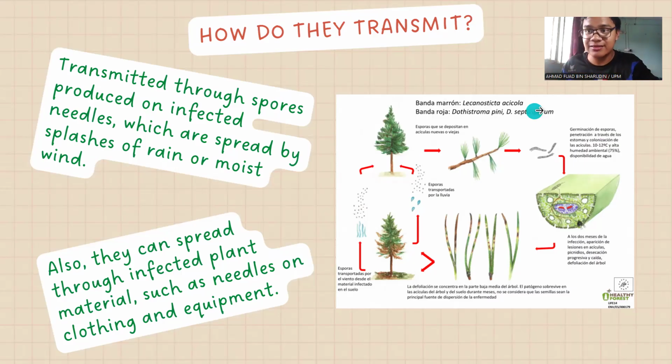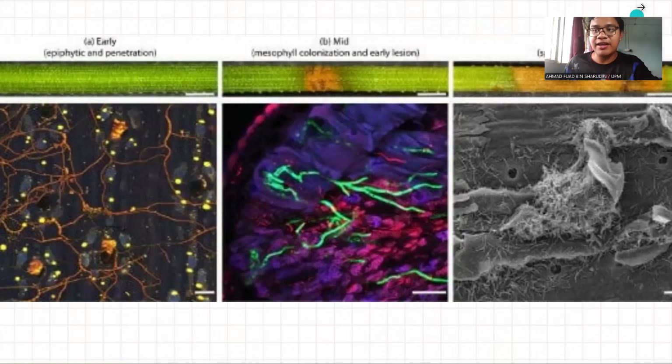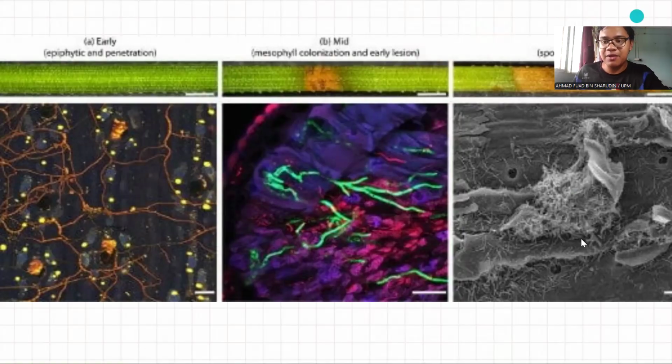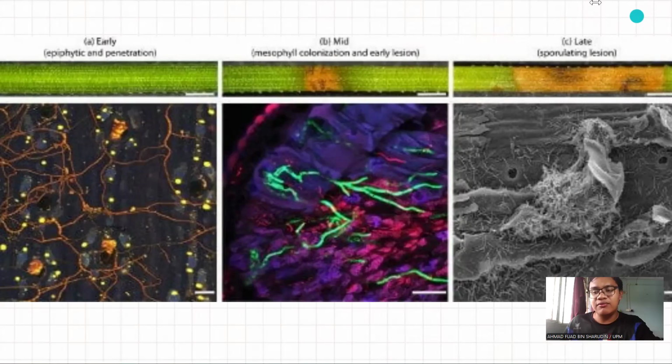Now these infected needles on clothing can sometimes attach themselves to new trees, where that tree itself will be infected later on. These are the three defining stages of the fungus itself. The first one is early, where it is still epiphytic and wants to penetrate the epidermal surface of the needles.